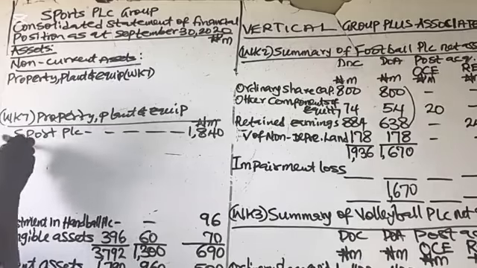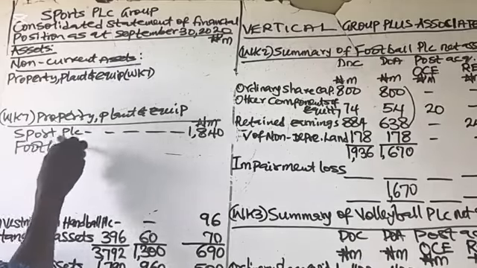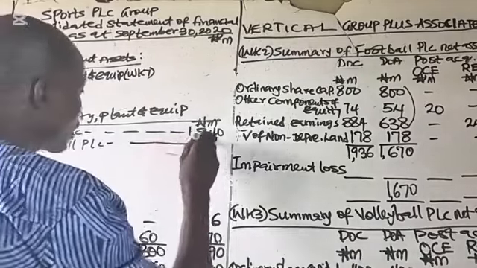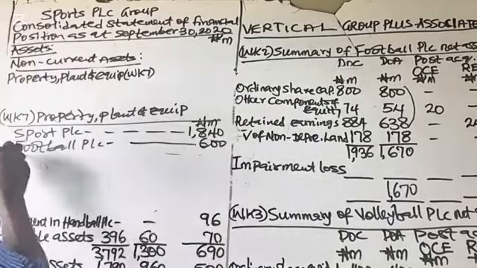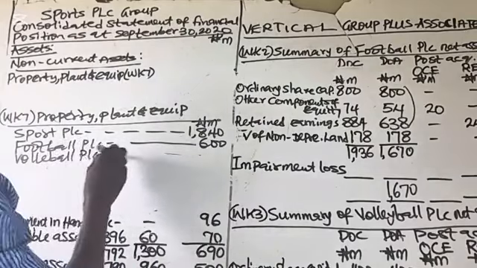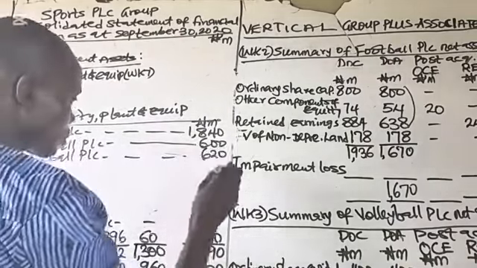Then we have football PLC, 600. Then we equally have volleyball PLC of 620.